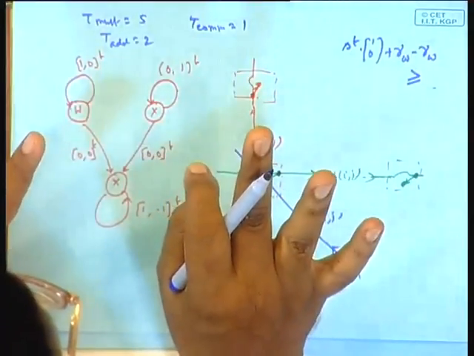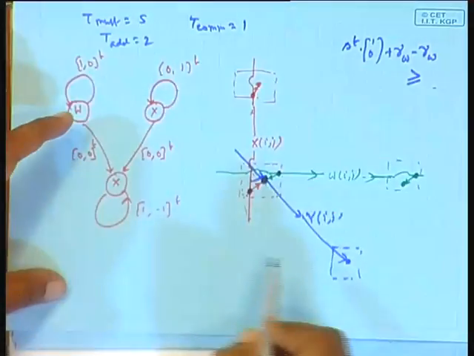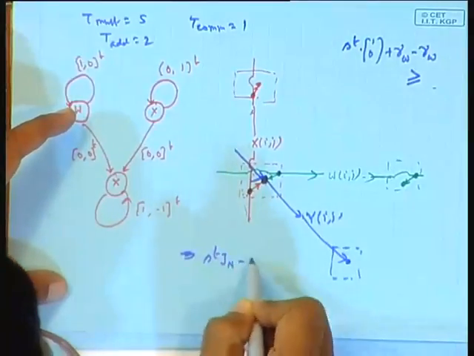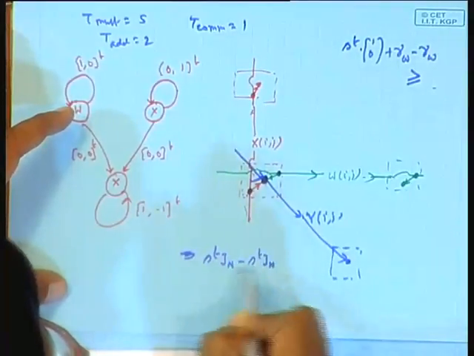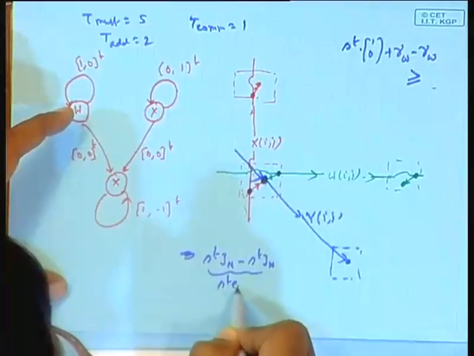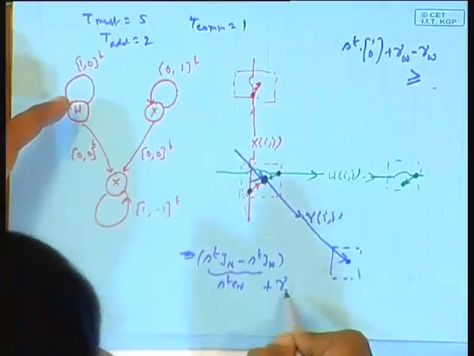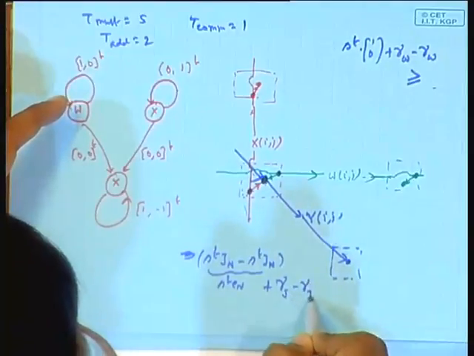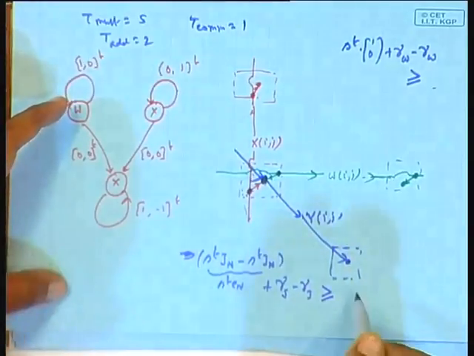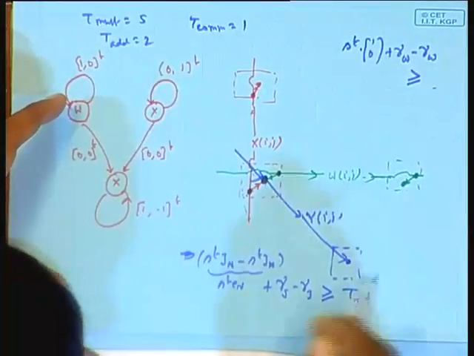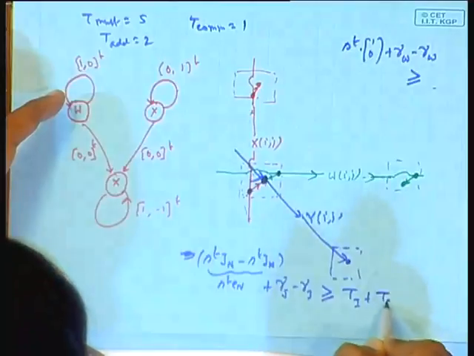You are understanding this? You remember in general I said that S transpose J n minus S transpose I n, which is actually S transpose E n plus gamma destination, that is gamma j minus gamma i, that should be greater than or equal to what? The computation required at the ith node plus the propagation time T com.